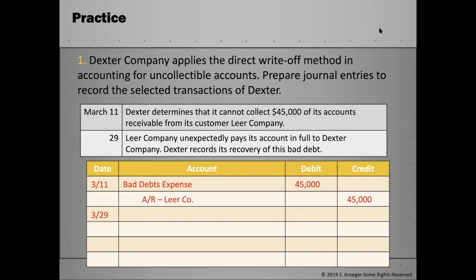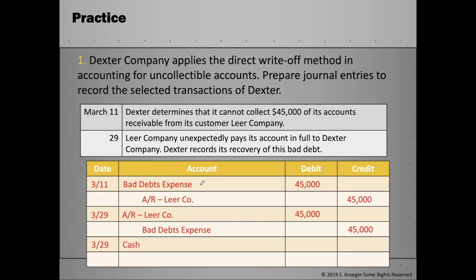We need to reverse what we just did on March 11th by flipping it. Instead of crediting accounts receivable, we're going to debit it for $45,000. Instead of having a debit for bad debt expense, we'll have a credit for bad debt expense for the same amount. Then, as you normally would, just collect a receivable.